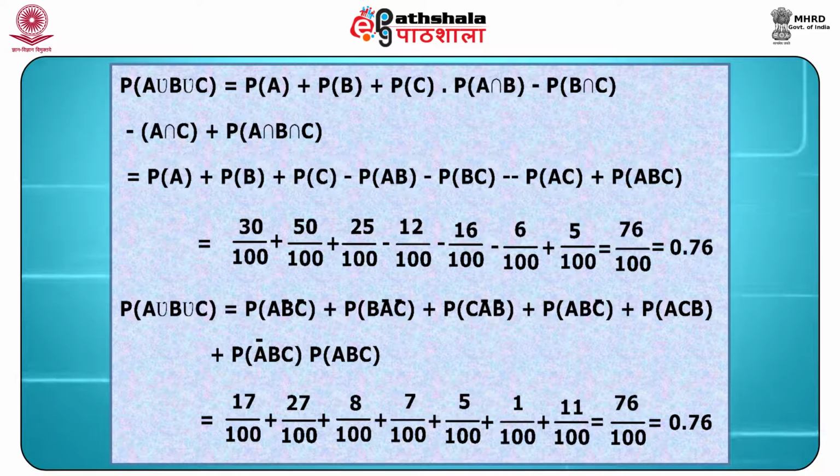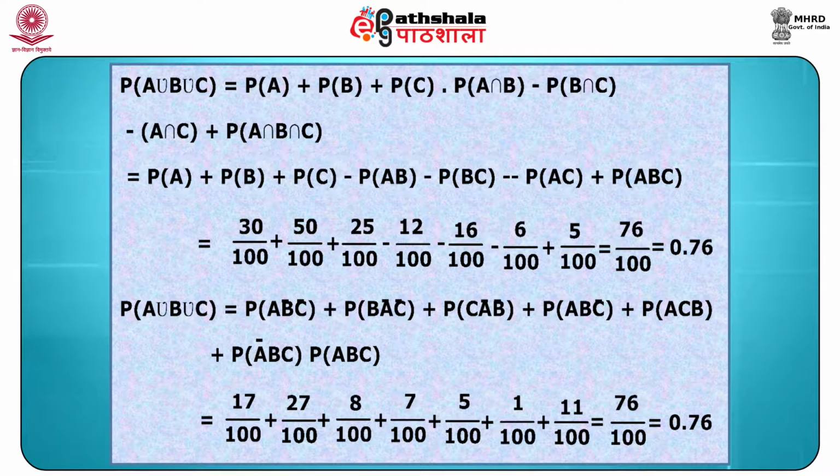So, what we have here is that probability of A union B union C is equal to probability of A plus probability of B plus probability of C minus P(A intersection B) minus P(B intersection C) minus P(A intersection C) plus probability of A intersection B intersection C. So, what we have here is probability of A plus probability of B plus probability of C minus probability of AB minus probability of BC minus probability of AC plus probability of ABC.